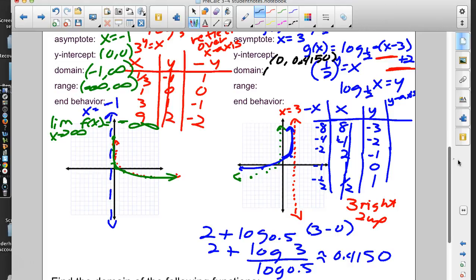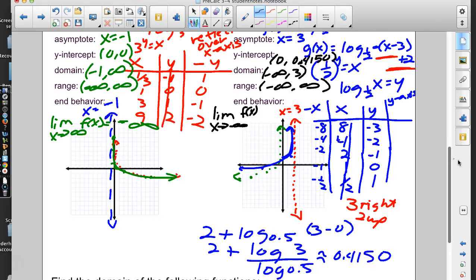Domain? Negative infinity to 3. Range? Everything? Do we have both end behaviors? No. Which one do we have this time? Negative infinity. So the limit as x approaches negative infinity. Is this an f of x?